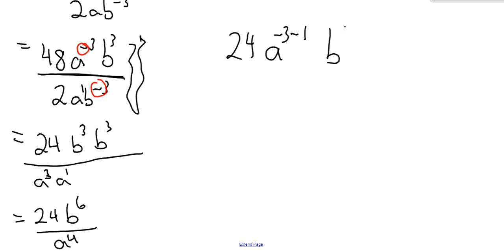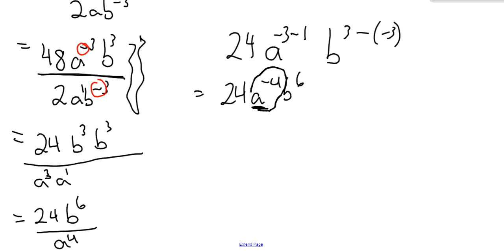B to the 3 subtract negative 3. And that would have given me 24, a to the negative 4, and b to the 6. And then I would have said, oh, that a is negative in the exponent, so it should be 24 b to the 6 over a to the 4.